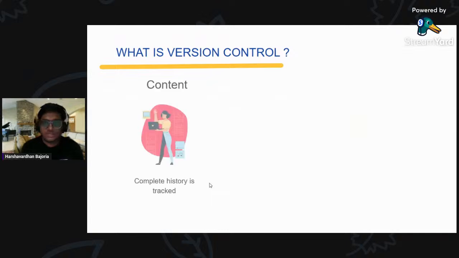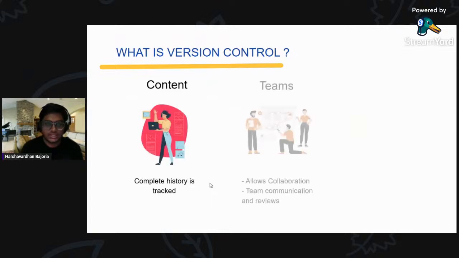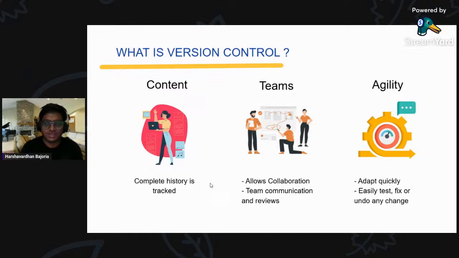What is version control? Version control is made up of three things: content, teams, and agility. By content, we mean that it helps you keep track of the complete history. Now, you might say, what do you mean by complete history? Suppose you are deleting, modifying, or adding new content, or you're just doing something with it. It keeps track of each and everything.